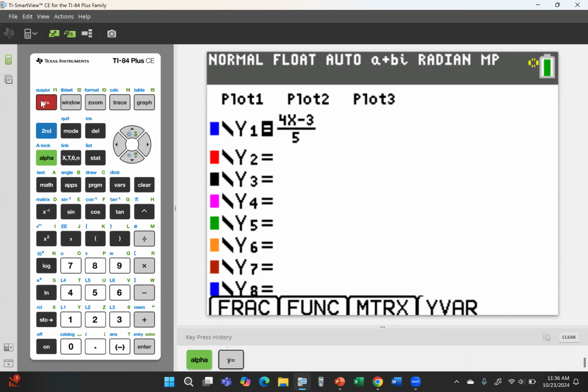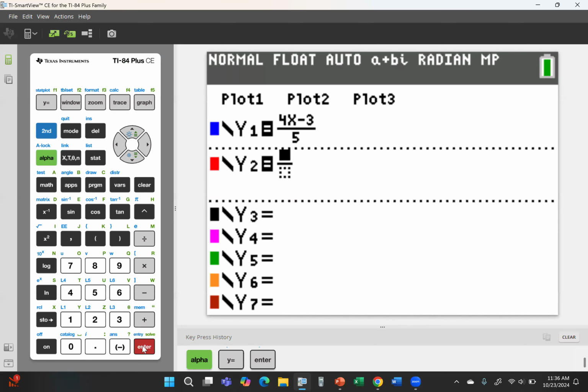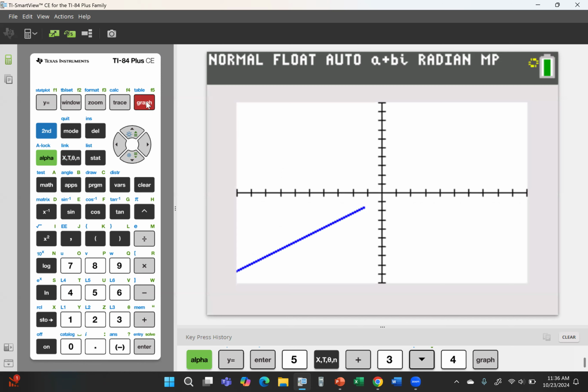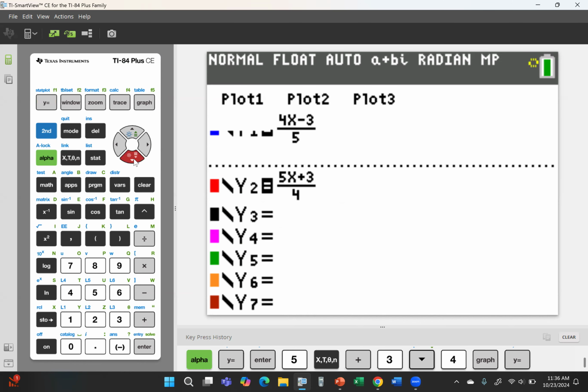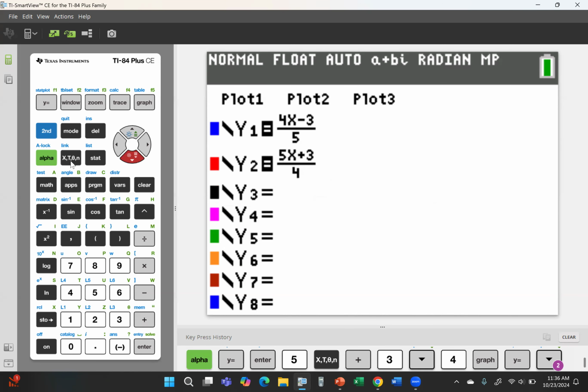So alpha y equals number 1. 5x plus 3 over 4. Okay, I'm going to graph a third line. I'm going to graph y equals x.